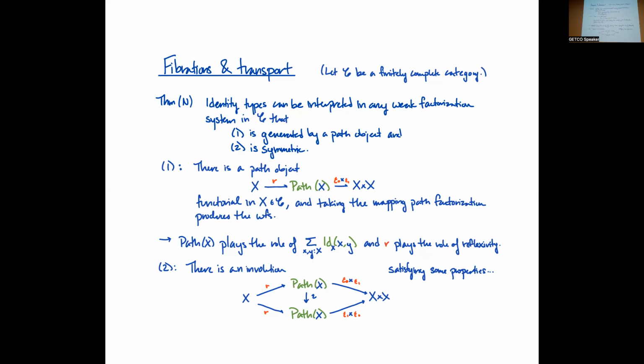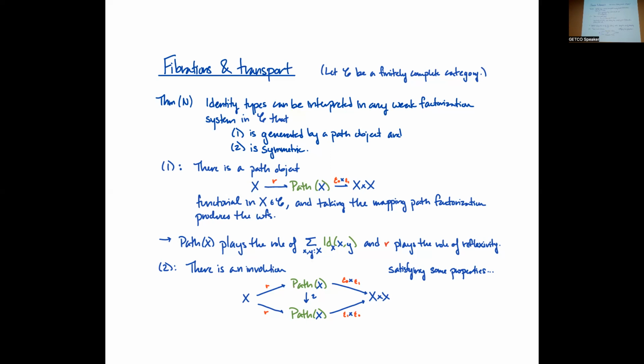Okay, so here Path X is going to play, in this correspondence between identity types and path objects, the role of the whole union, the whole sigma type of these individual identity types. So here we have all the paths in X, and in these we have just the paths from x to y, so we bundle them up. And R is of course playing the role of reflexivity.